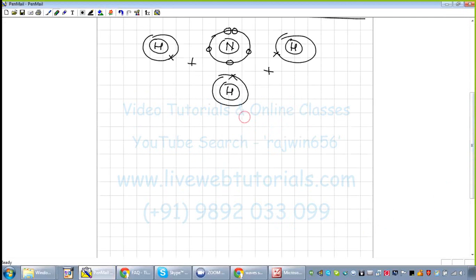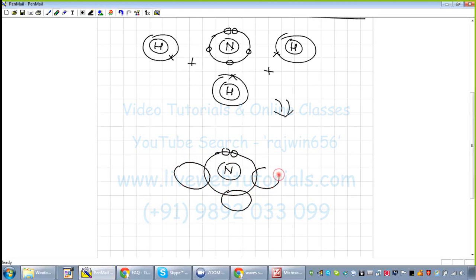I'm going to show this molecule. First I'm going to draw the nitrogen atom. This will be your lone pair of electrons. Nitrogen nucleus. 1 electron of nitrogen, 1 electron of hydrogen.